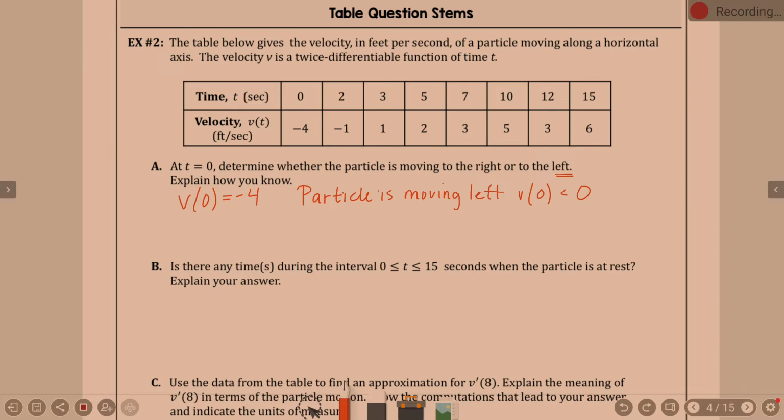Okay, B. Is there any time during the interval 0 to 15 seconds when the particle is at rest? When is the particle at rest? When velocity is 0. Okay. Is velocity 0 ever?